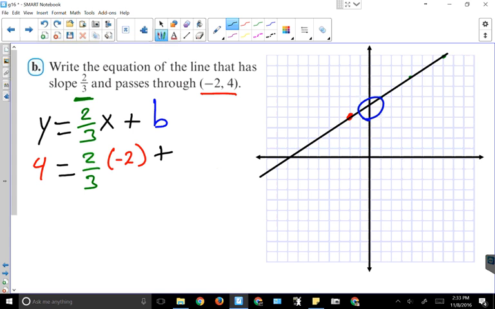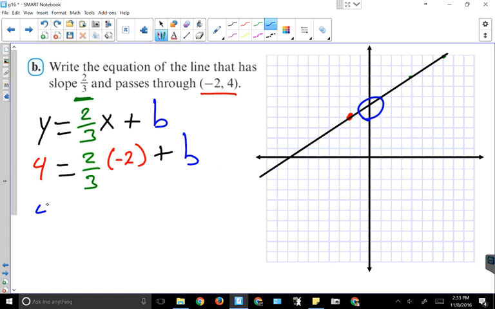Do I know what B is? No. It's just B. Now, everything else here is just plain old numbers, right? I can work with this and figure out what the answer for B is, right? Okay, that's what we end up having to do. If we don't have enough information, we plug it back into it, that information we have, and solve. So I'm going to go through here and do the math here.